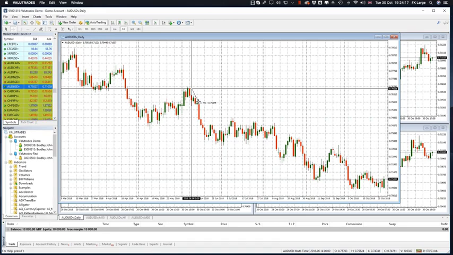The middle figure is points, or you'll learn about pips. In this case, we're dragging it from the high point down to a low point, and we see that this is 358 pips.